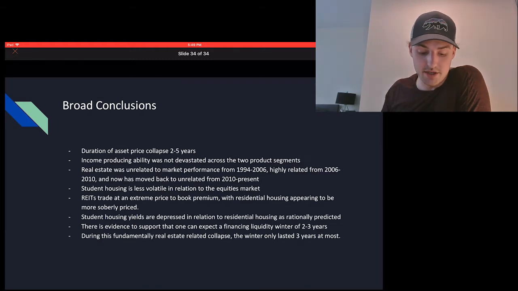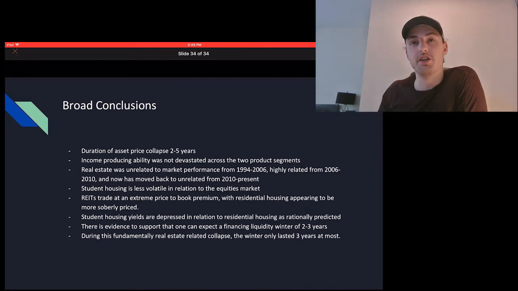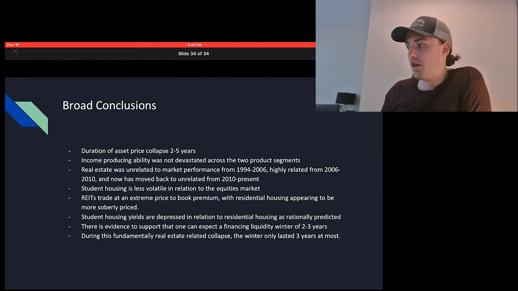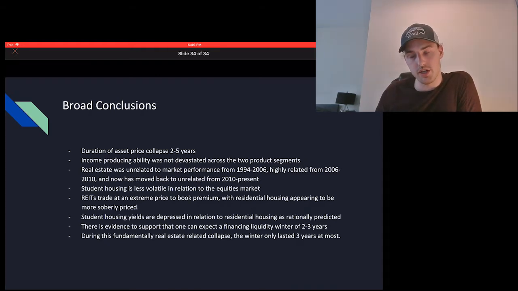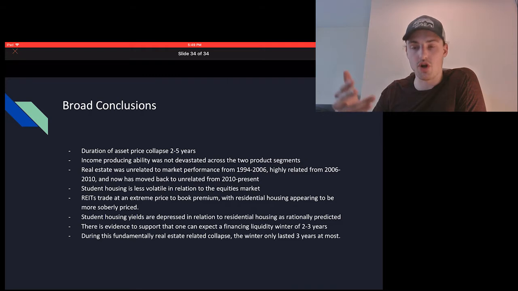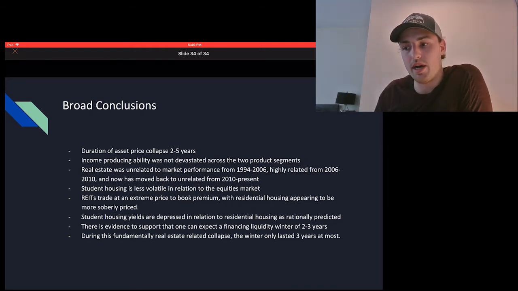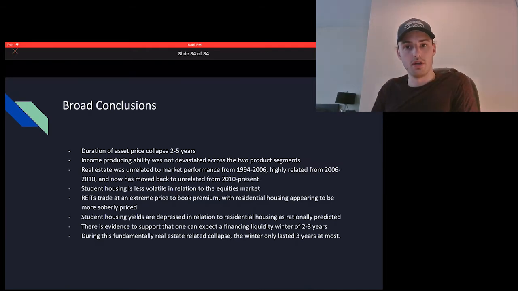Next, real estate was highly unrelated to market performance from 1994 to 2006, highly related to the market in 2006 to 2010, and now has moved back to being relatively unrelated from 2010 to present. What this means could be a lot of things. Potentially if there were stronger correlations to the stronger beta values of real estate relative to the S&P, that could be a potential indicator that things might be getting overheated once again.